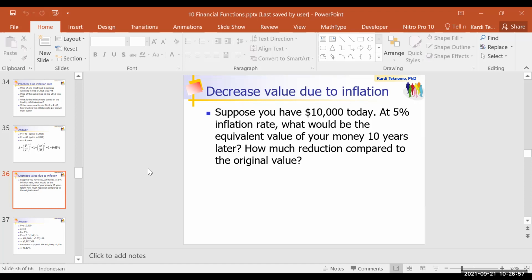What will be the equivalent value 10 years from now? 16,288. So how much reduction? No, the inflation rate is 5%, so the value must be less than 10,000.